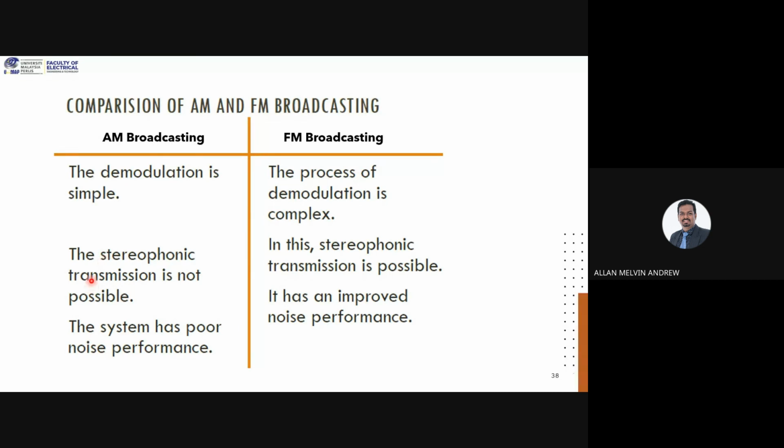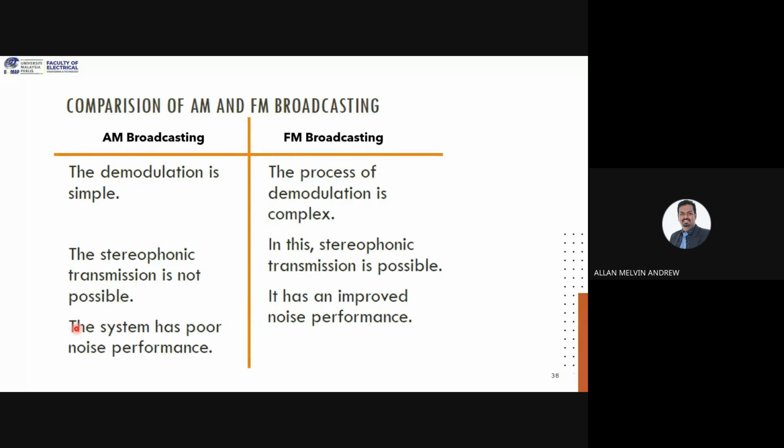Stereophonic transmission is not possible for AM. So what is stereophonic? Our human eyes are stereoscopic. We have two eyes, two visions combined into one.